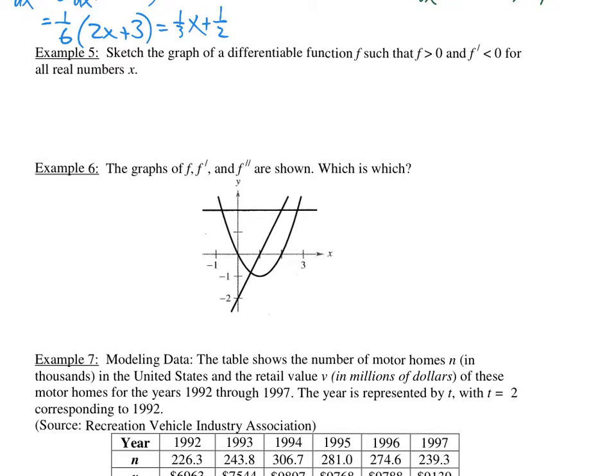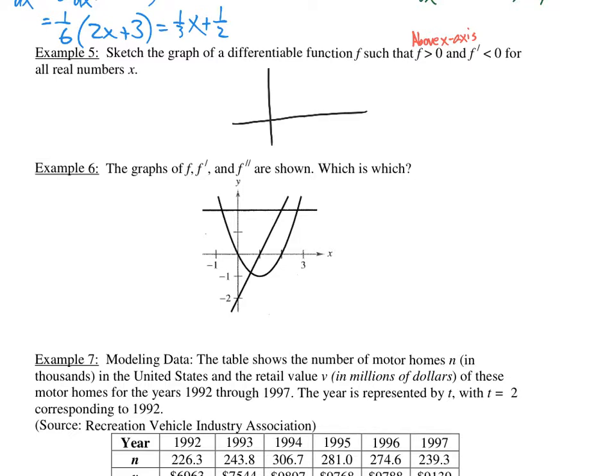Okay? So, a differentiable function. That means, like we said, it has to be continuous, but f is greater than 0. So what has to be true about this entire graph? It has to be above the x-axis. Good. Okay? So, that's the first part: above the x-axis.